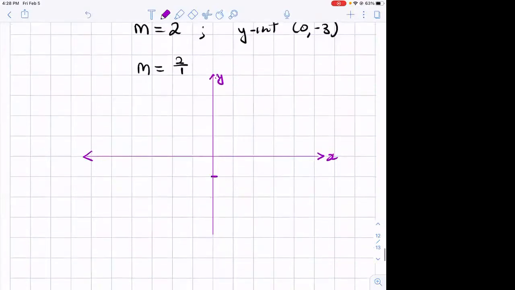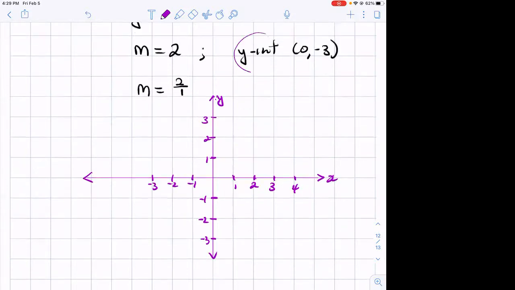So we have negative 1, negative 2, negative 3. Okay. The first point I'm going to plot is the y-intercept. We always plot it first, because that's the point. Okay.